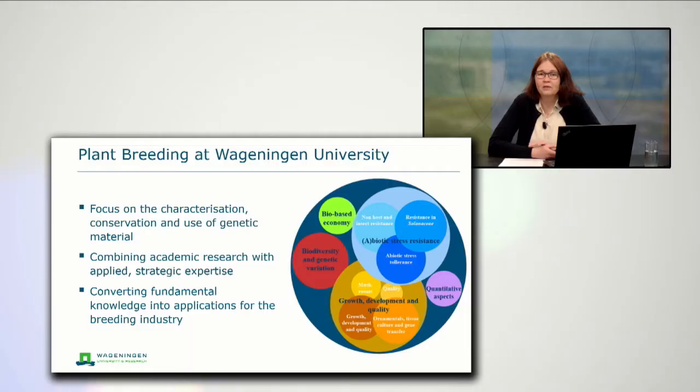Obviously, we also spend a lot of time on biodiversity and genetic variation, as well as on growth, development and quality of plants. The main aim of the Department of Plant Breeding is to convert fundamental knowledge into applications for the breeding industry.